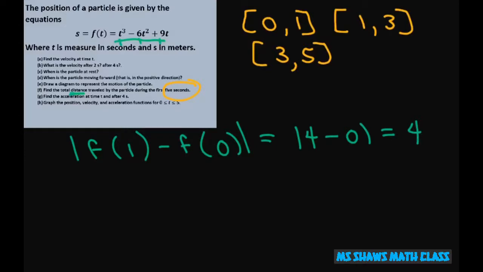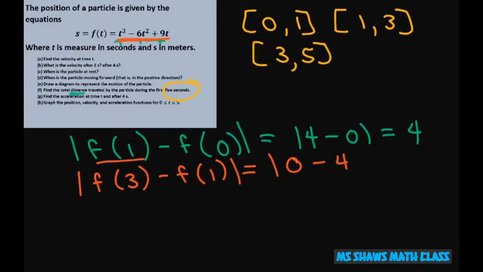Now let's do the next one. Absolute value of f of 3 minus f of 1. Now we already did f of 3 when we did the other one. So f of 3, when you plug in 3 in here, our s was 0. So that's going to equal absolute value of 0 minus f of 1, we already did that, 4. So absolute value of negative 4 equals 4. All right, and then we have to do f of 5 minus f of 3.